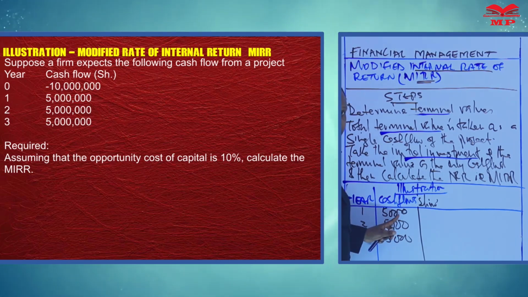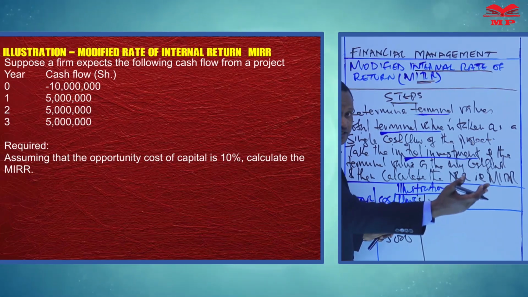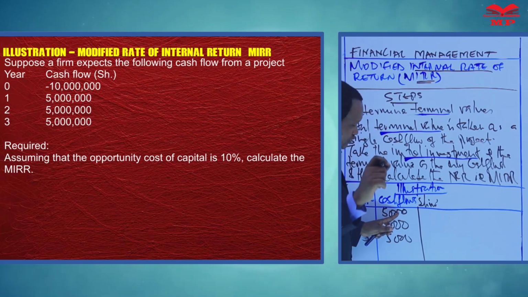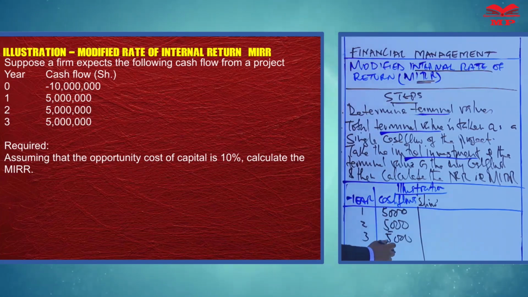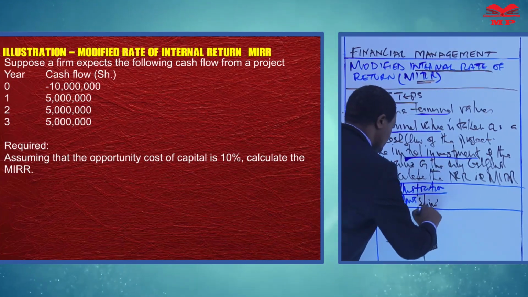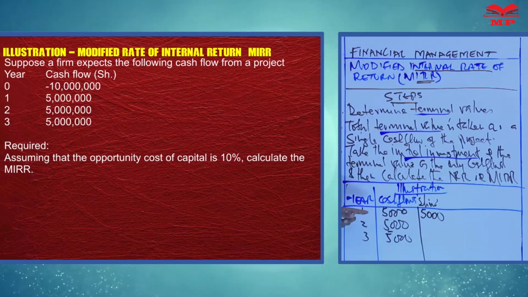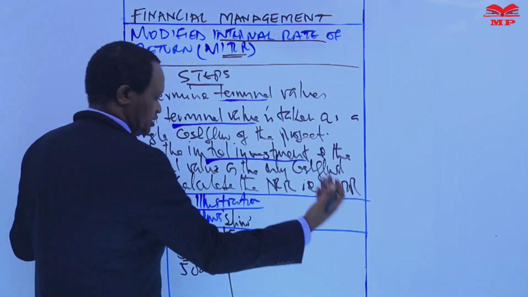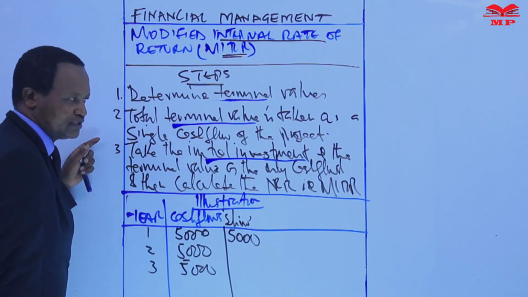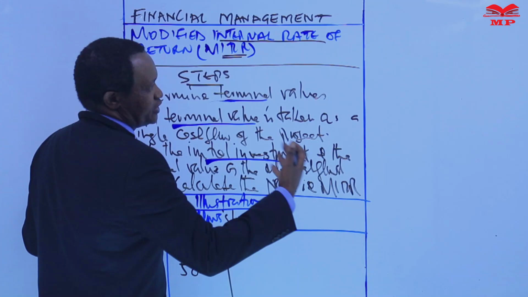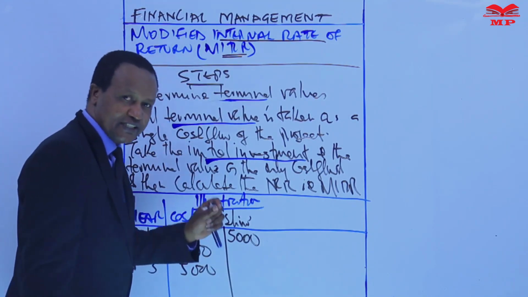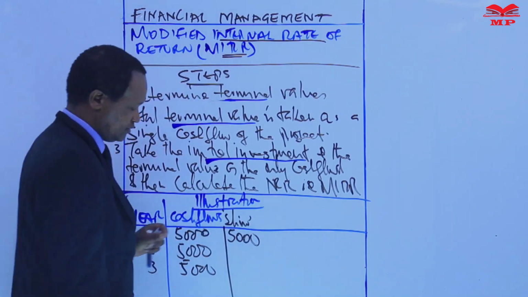What is the terminal value at the end of the project of all cash flows? So this will be equal to this 5 million. We compound it. Compound means getting the future value of the cash flow. This 5 million will be received at the end of year 1.